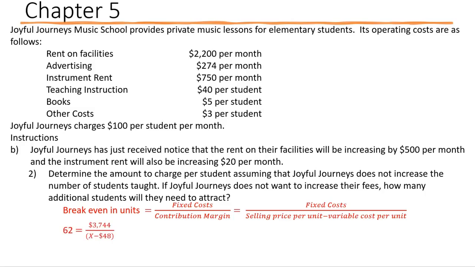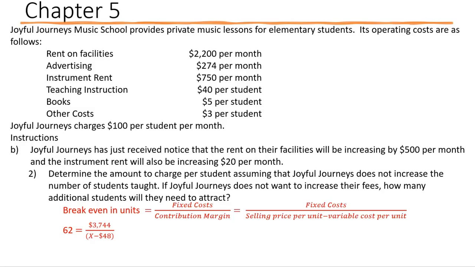62, the break even in units, equals 3,744, which is our fixed cost, divided by contribution margin, which is our selling price, unknown, X, minus our variable cost per unit, $48.